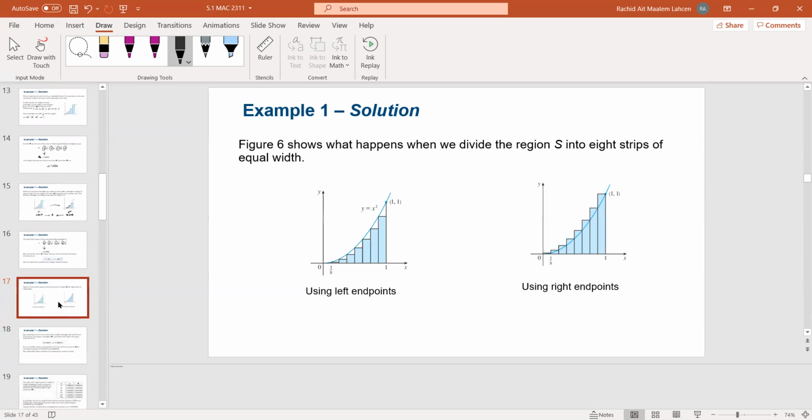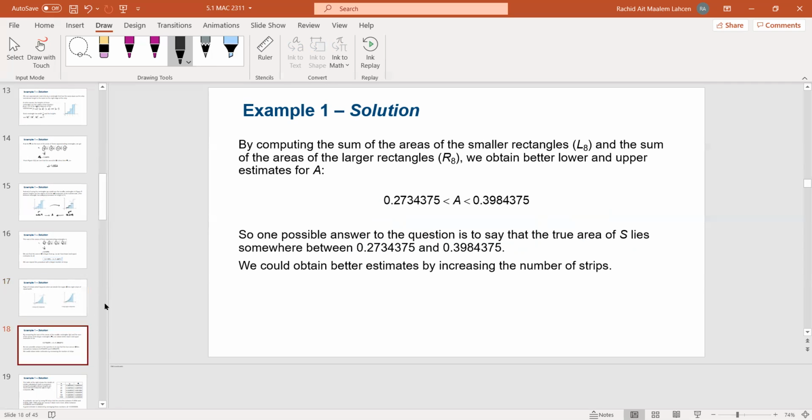We divided by 4, so the more you divide, which means the more strips you have, the better estimation you're going to have. And using the left endpoints and using the right endpoints, as you see, this is increasing, and when we use the right endpoints, we have an overestimation, and when you use the left endpoints, while this is increasing, you have an underestimation.